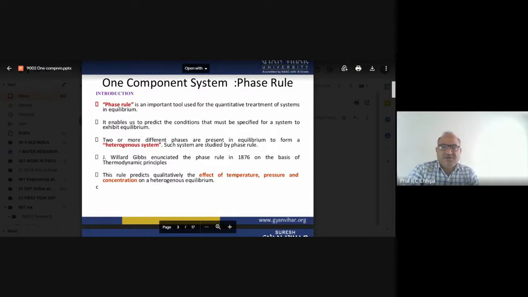What are those thermodynamic principles? We have the first law, the second law, and the zeroth law of thermodynamics, and that is entropy.